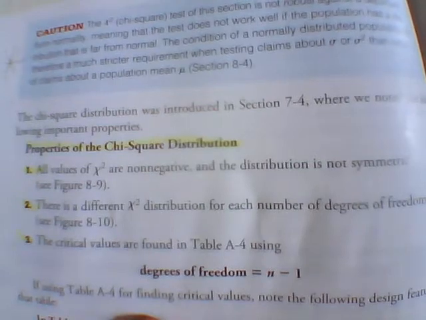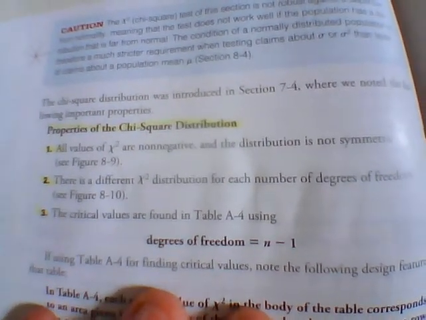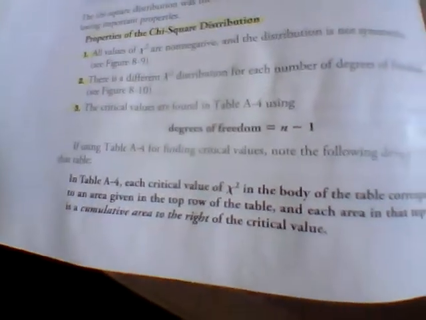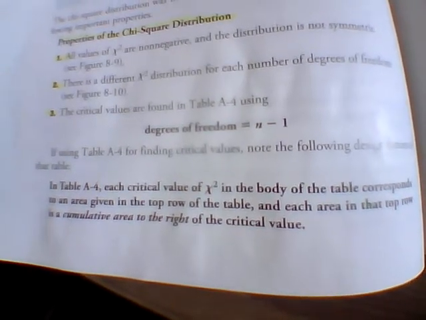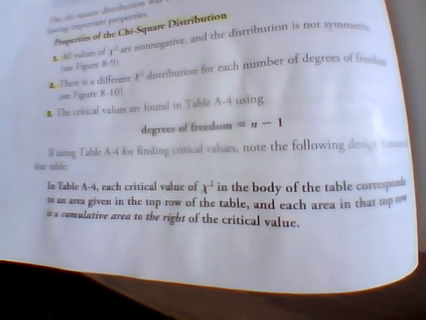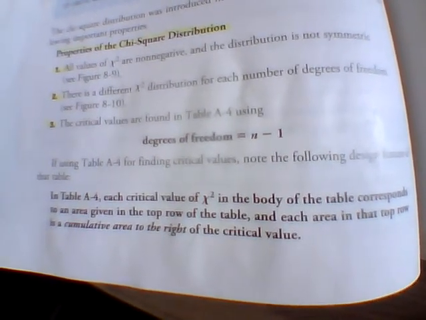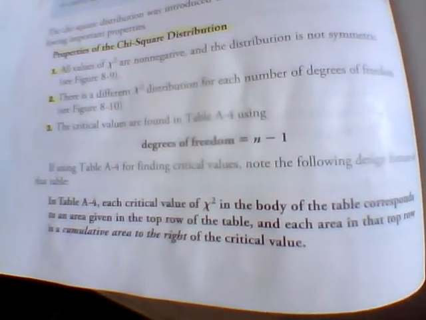The critical values are found in our table A4, once again using degrees of freedom, n minus 1. Each critical value of chi-squared in the body of the table corresponds to an area given in the top row of the table, and each area in that top row is the cumulative area to the right of the critical value.